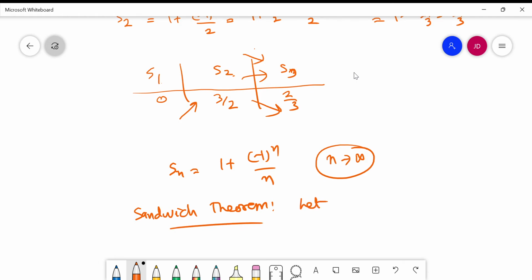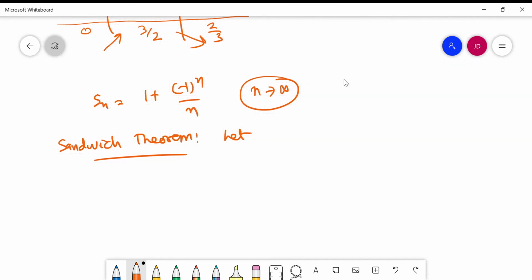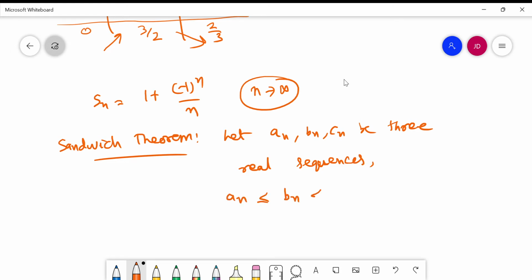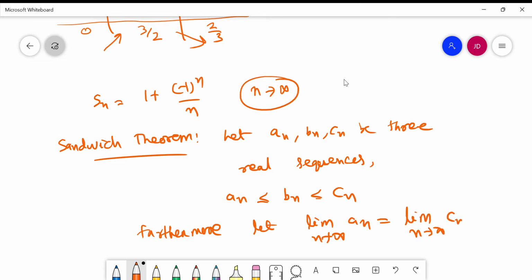Let an, bn, cn be three real sequences, and we have bn in between an and cn, and furthermore let the limit of an as n tends to infinity equal the limit of cn, and this equals some l, where l belongs to the real numbers, so the limit exists and is equal to l.